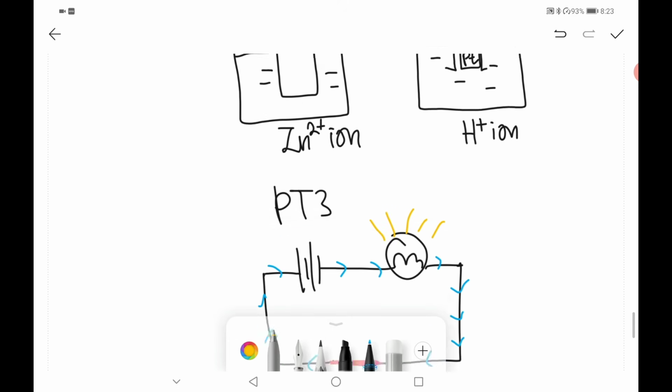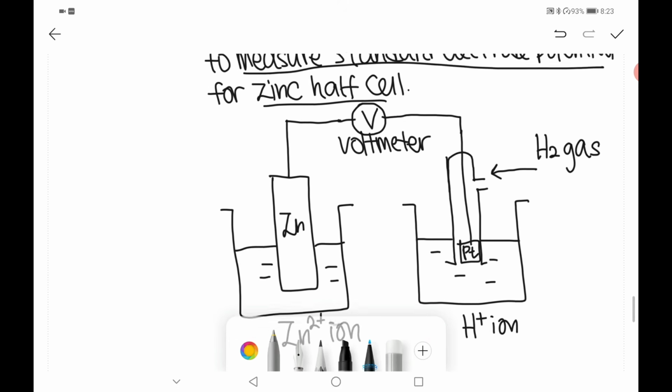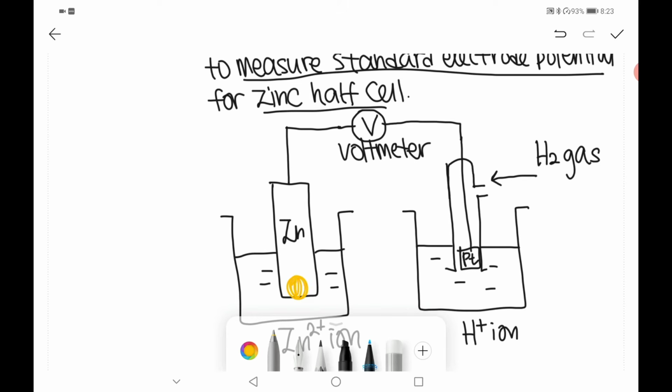Same thing here. If electric goes from here to here to here, it cannot, because there's no way it can go back, and you must go back to complete the whole electric cycle.